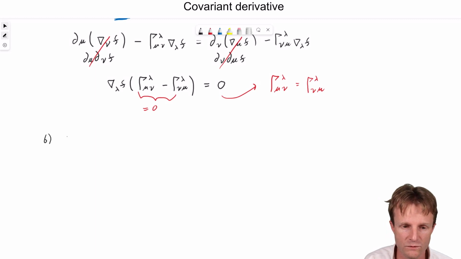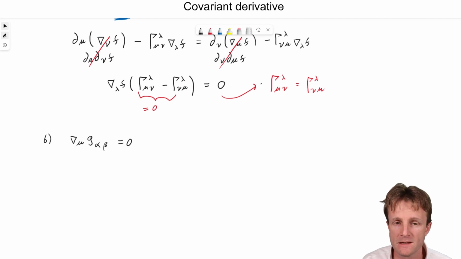The last condition was metric compatibility. Del mu g alpha beta equals 0. Now g alpha beta is just some tensor. It's got two downstairs indices, so we can expand this out using the rule for covariant derivatives for downstairs indices.